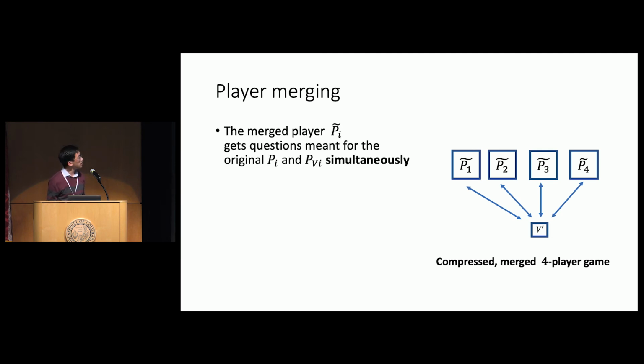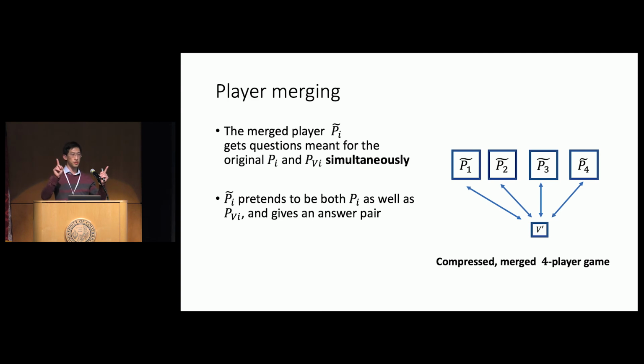And what happens is each of these players will pretend to be, so for example, this p tilde 1 player will pretend to be the original player p1 and also this added player p V1. Okay. And so this verifier, when it wants to interact with the original 2 players, it will send both of those questions to this merged player. And this merged player also has to send a pair of questions back.